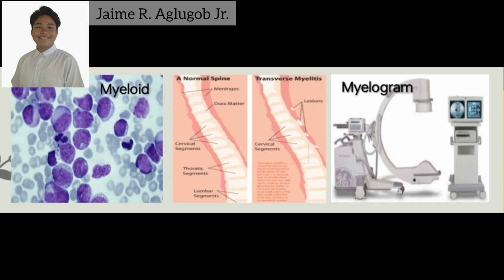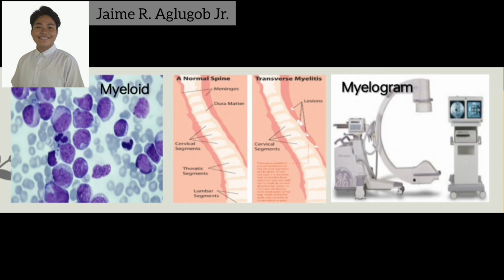As you can see, the difference is that the image on the right side is more swollen due to the inflammation. And for the third picture, below is the myelogram. So, that is the image of our myelogram.